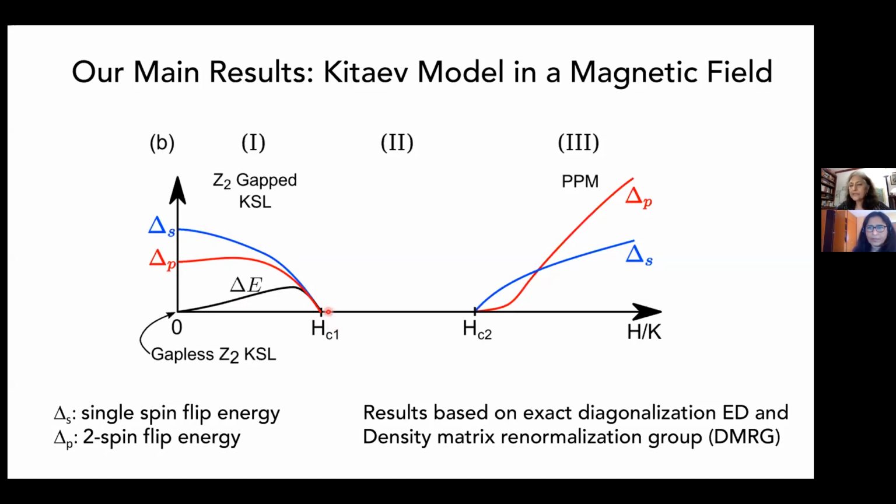At that point, you have a lot of magnetic excitations or these gauge fluctuations in the ground state. But then we find that the system remains gapless for a whole range of magnetic fields, and only after that, another gap opens up and the system starts to go into this polarized phase.